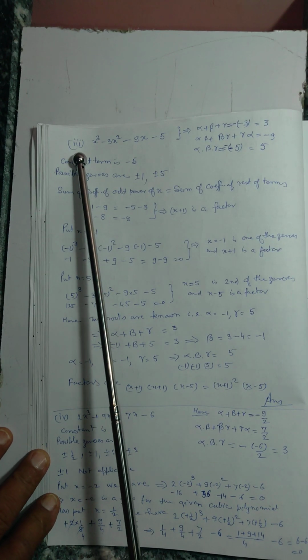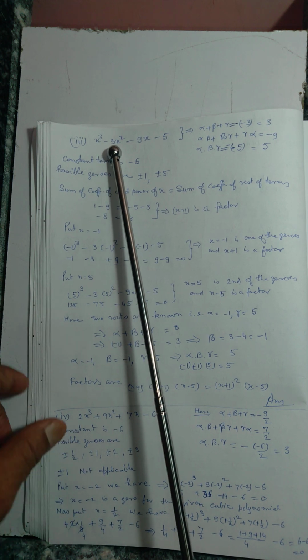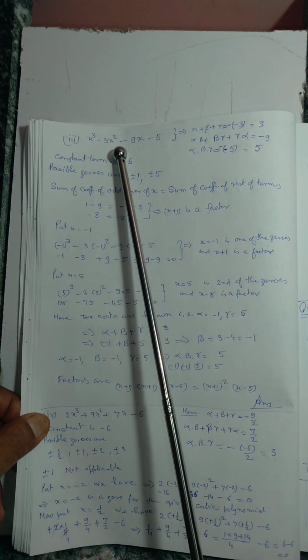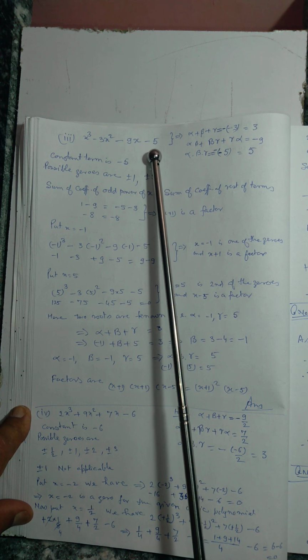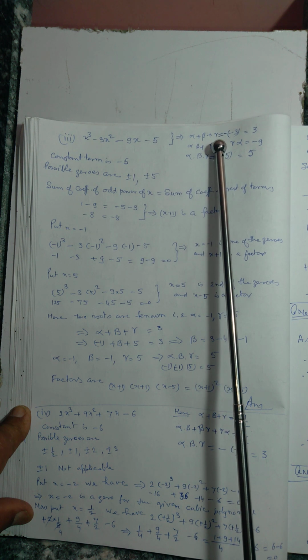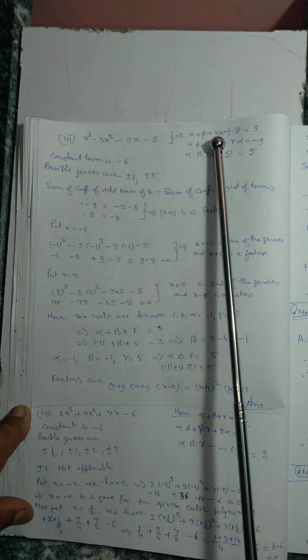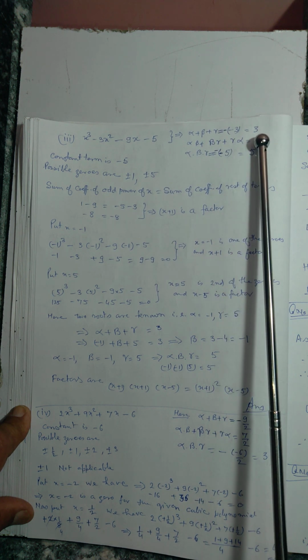Now you see the third part, that is x cube minus 3x square minus 9x minus 5. So here alpha plus beta plus gamma is again equal to minus in bracket minus 3, that is 3.